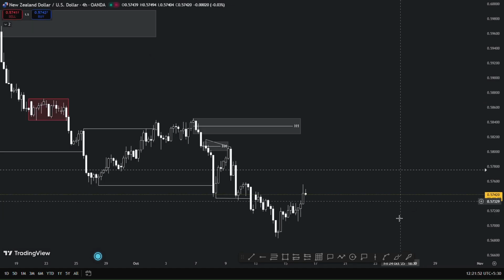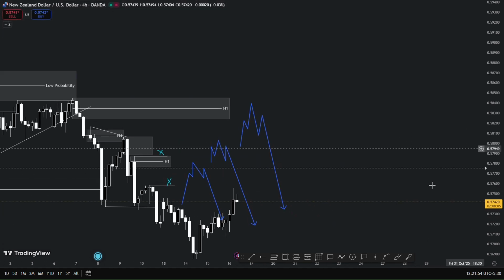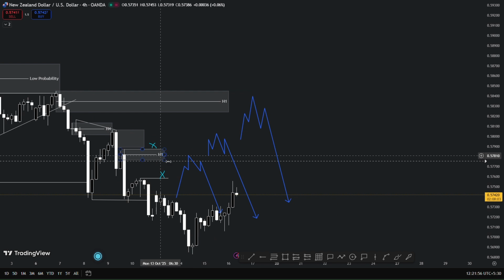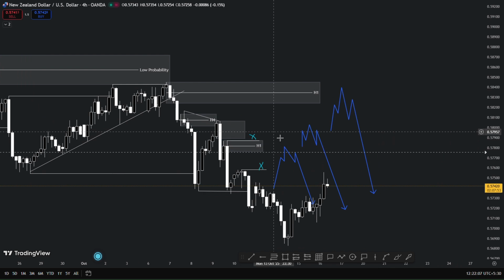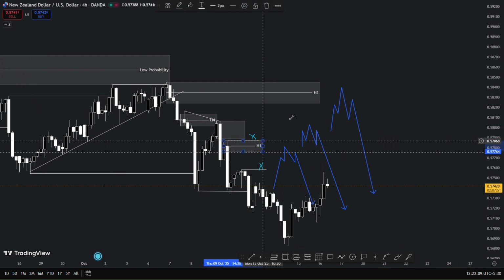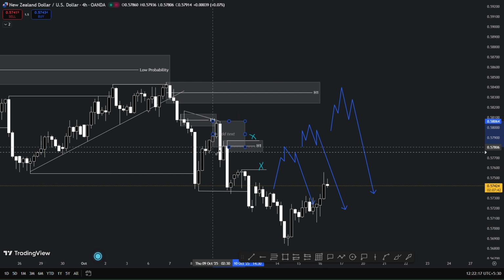And for NZD USD, we are right now giving a pullback. I am waiting for the market to tap this H1 supply, and then I will look for shorts after confirmations. This pair is quite risky because we have this zone here, this zone also here. As for this zone, I think it already got mitigated, as you can see, a range supply.